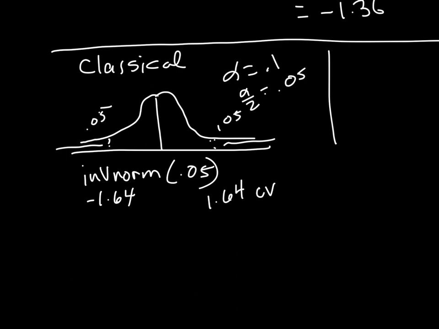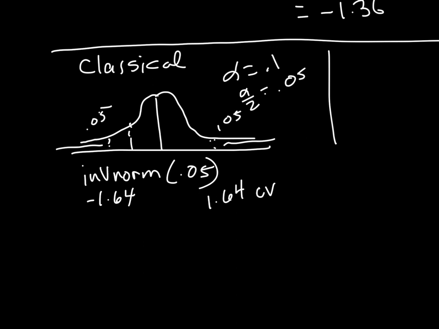That's right. And our test value, or test statistic, if you prefer, was negative 1.36. So where would negative 1.36 be? It would be back here somewhere, wouldn't it? It wouldn't make it to the shaded region, which begins at negative 1.64.